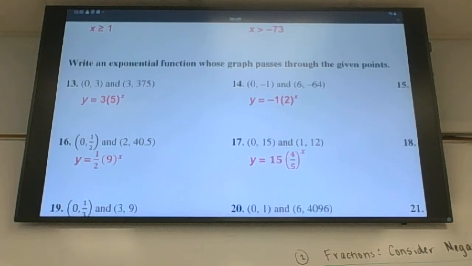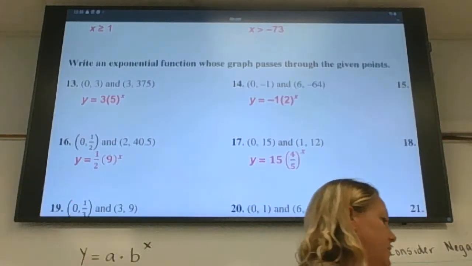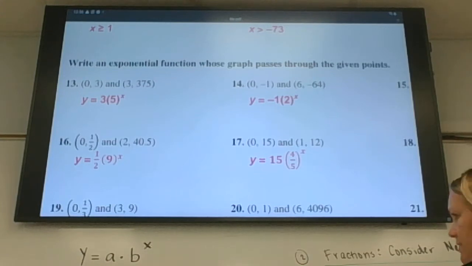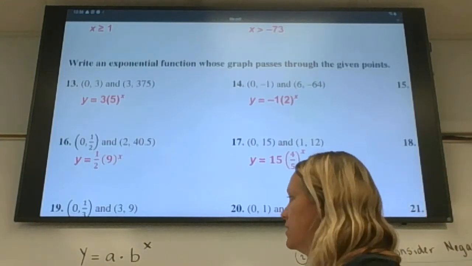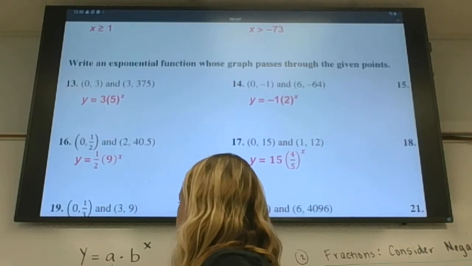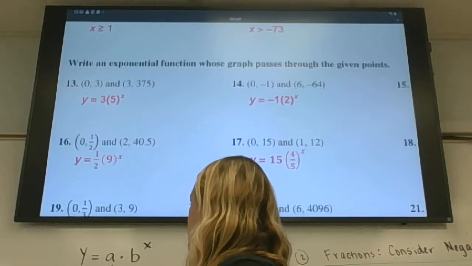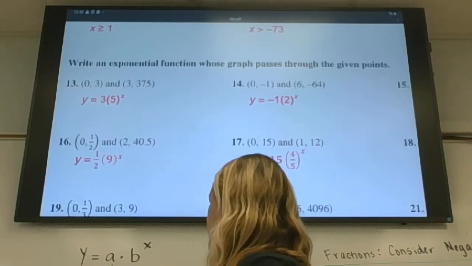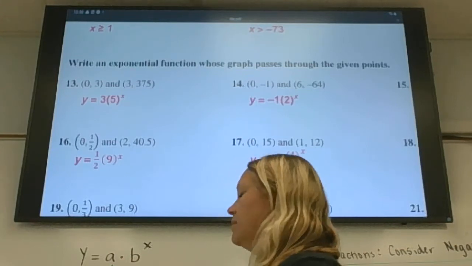What we have, which I haven't really talked a lot about, is this form: y equals a times b to the x. This is the model for an exponential function. If it was growth, then the base would be 1 plus and all that, but this is the basic model. If you're told it's an exponential function, you can rely on this model. The a is always the initial amount, which holds true for our credit card problems and word problems.